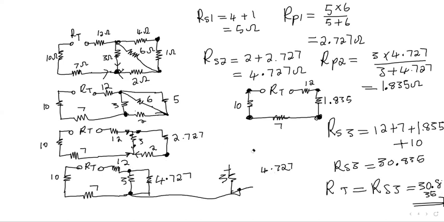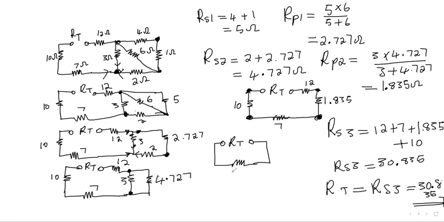Because it's the resistor that I will be left with at the end. If I redraw the circuit, that will be the only resistor that I am left with, which is 30.835, which is RS3. Then that is equal to my R total.